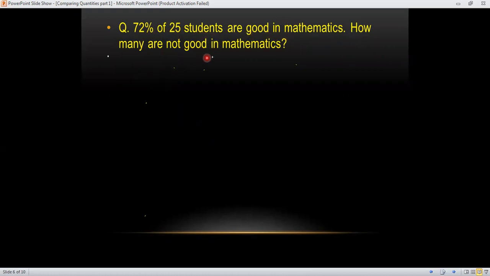How many are not good in mathematics? Now, among 25 students, 72% of 25 students are good in mathematics. Now, we will find the number of students who are good in mathematics.